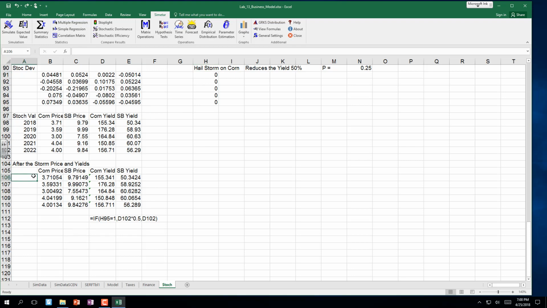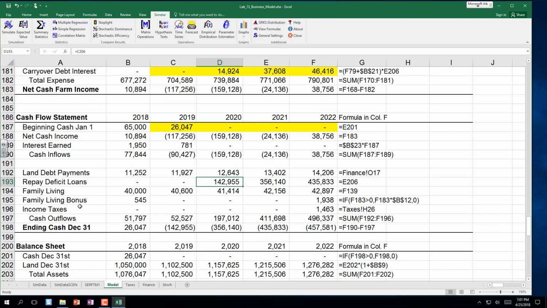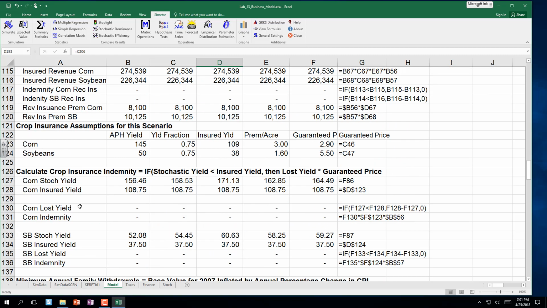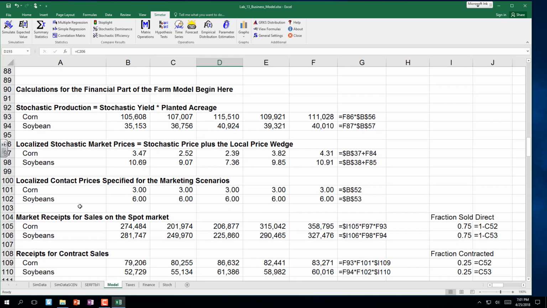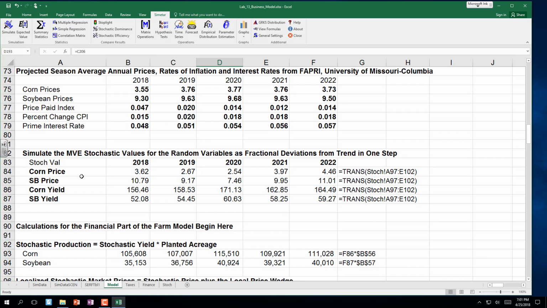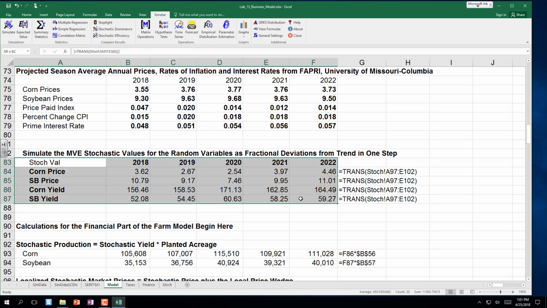Now I've got all of these new values here, and I'd like to put them over in the worksheet where I'm actually working. So I'm going to go to Model. Up here we imported those as a transpose. So I'm going to highlight row 83, A through F of 87, and hit delete.